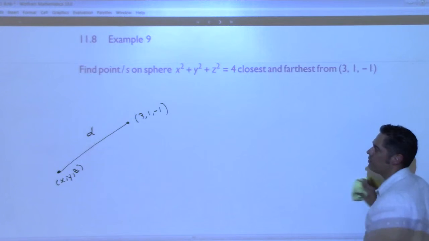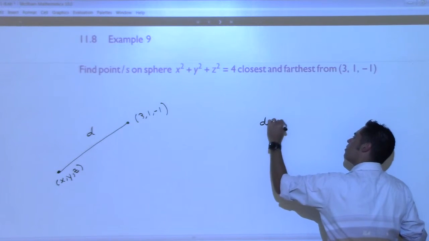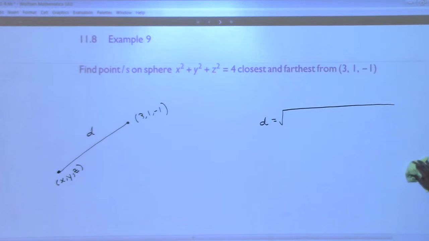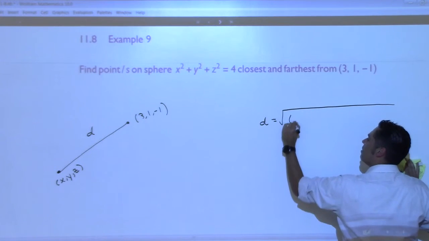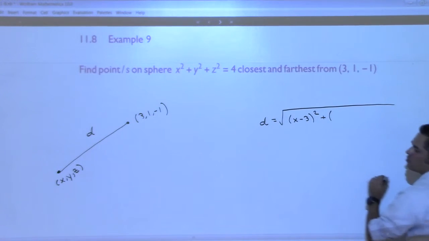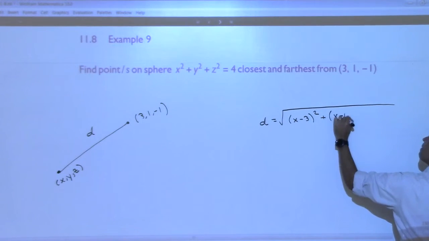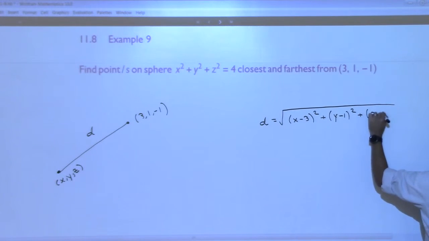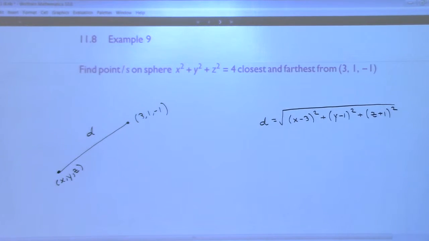It's just your distance formula. Square root of the difference of the x coordinates squared. So x minus 3 squared plus the difference of the y coordinates squared, and then plus the difference of the z, so z plus 1 squared. Right, that would be our distance function.